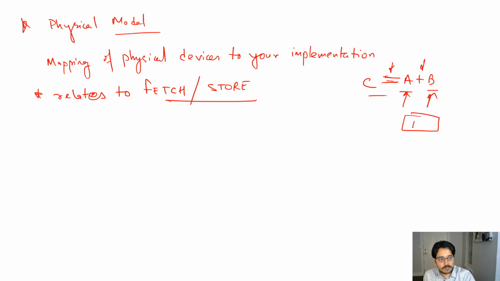Operations are performed in the main memory, and then the result that needs to be stored goes to the location which has the label of variable C. Right? So if you can specify the nature of the storage, then you can improve the performance by reducing the time it takes to fetch and store different data values generated during the manipulation. So the physical model is basically expressing that in a very explicit way, right?